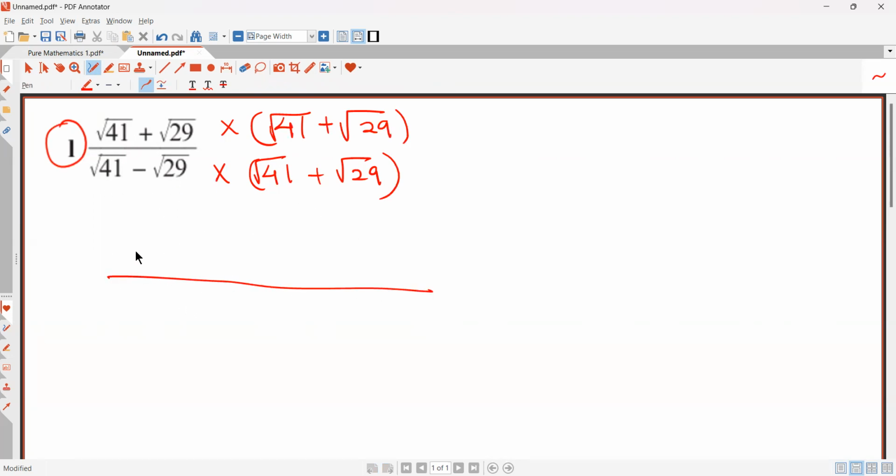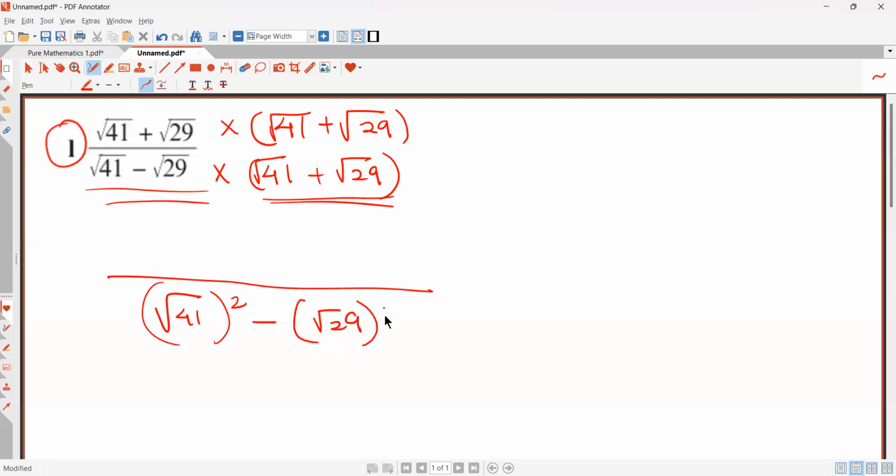Now if I open the bracket, the bottom part becomes very easy for us, because it's going to be root of 41 whole square minus root of 29 whole square, because this looks like a square minus b square. You can directly enter it into the calculator, but I always do it manually.